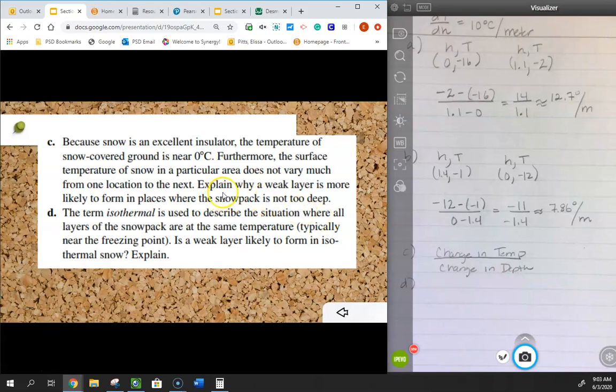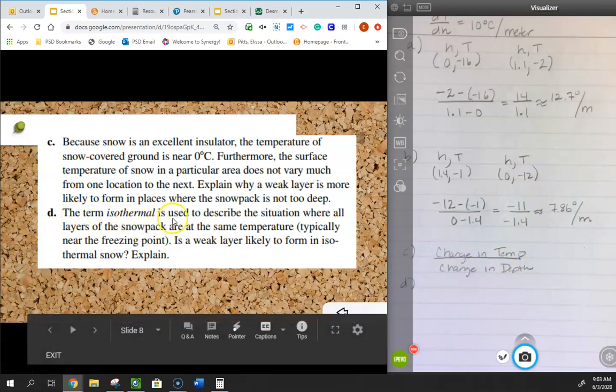And so this says, explain why a weak layer is more likely to form in places where the snowpack is not too deep. So if the change in depth is small, then that's going to make this fraction bigger, which makes it more likely to have a weak layer, makes this more likely to be a bigger number and be bigger than 10 degrees Celsius per meter.